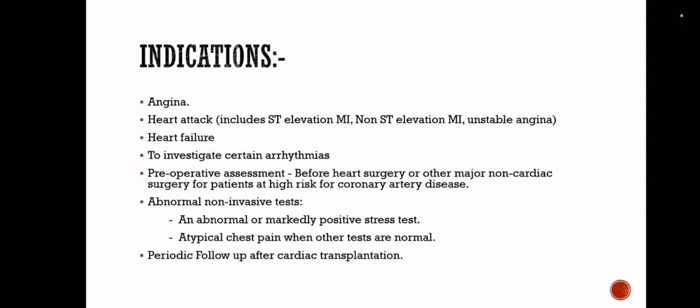So next we are going to see the indications, in which type of situation we are doing the coronary angiography. So the first is angina, which is chest pain, then heart attack. It may be ST elevated MI or it can be non-ST elevated MI too. Then heart failure. Next one is to investigate certain types of arrhythmias. Next is pre-operative assessment.